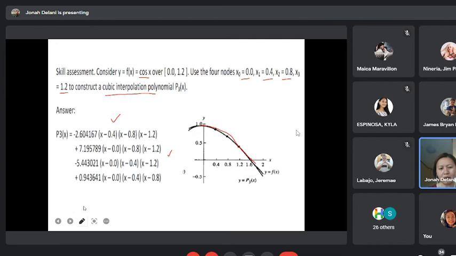So the more points that is given, the more our polynomial approximation would be accurate to the actual curve.